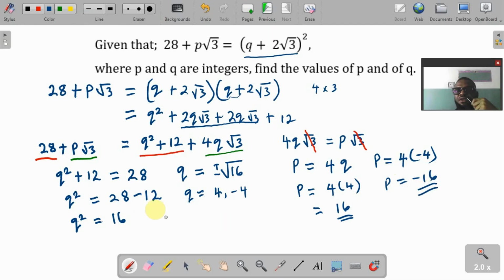So my Q is 4 or minus 4, and my P is 16 or minus 16.